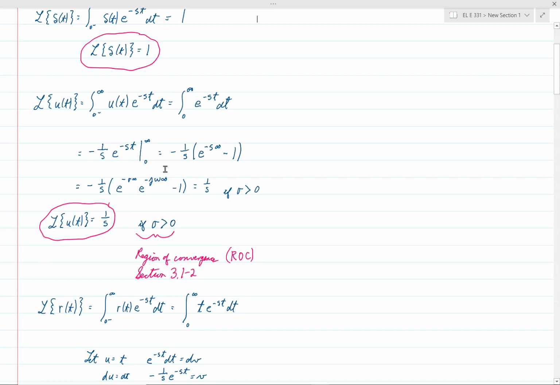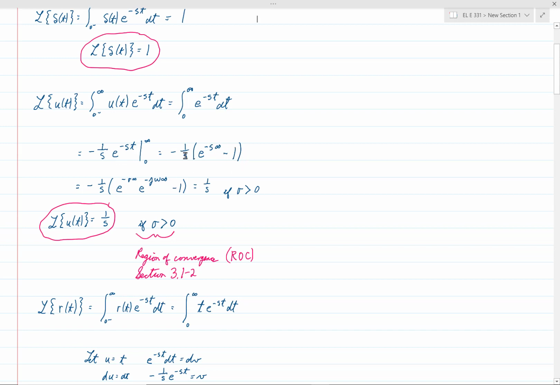But anyway, I'm going to write this as e to the minus s times infinity at the upper limit, and then at the lower limit we will have minus e to the minus s times 0, but e to the minus s times 0 is just e to the 0, which is 1.